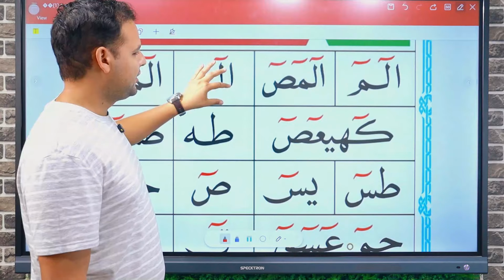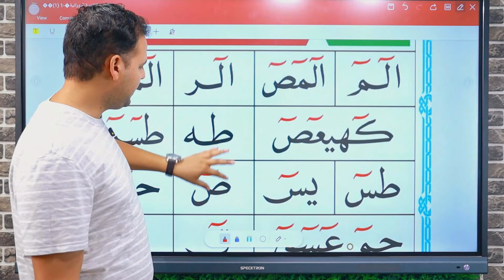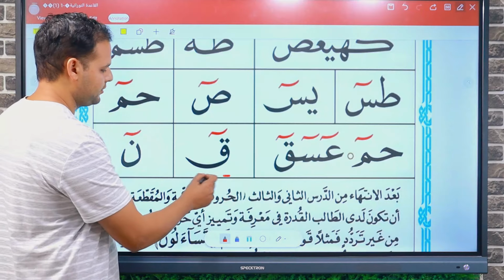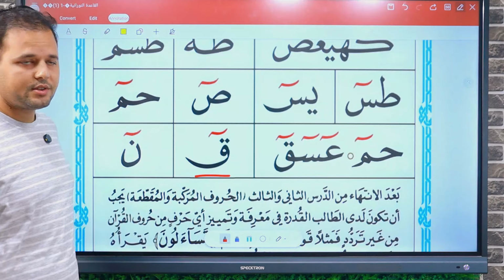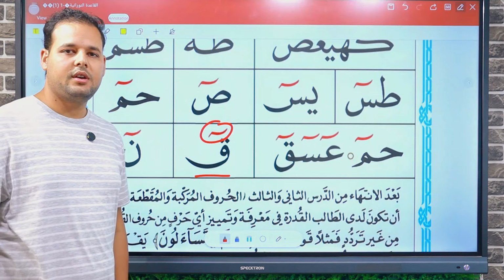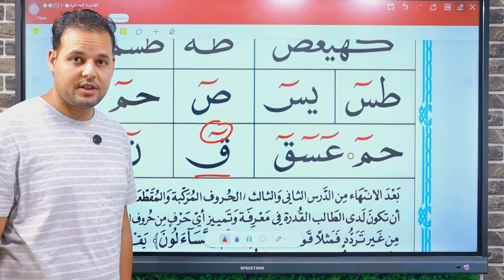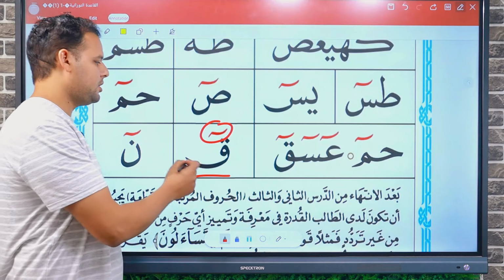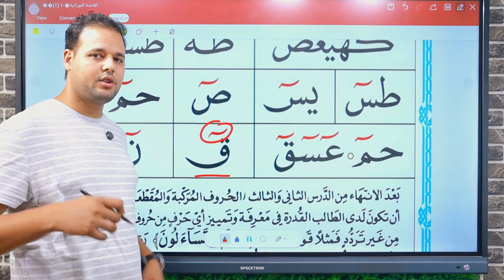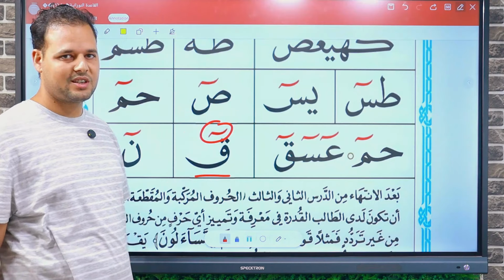Now, these are the long vowels. The long vowels appear in the Quran. So for example, here we have the letter qa. These letters with the sign on top of them is called a mad sign, and they take 6 beats each. So this one is going to be qaf, and you need to count on your fingers to know that you're doing 6 beats.